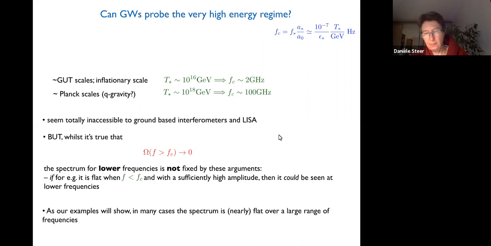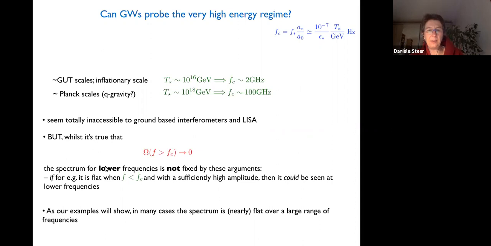Now that's actually a pessimistic conclusion, because in fact the previous arguments show that the spectrum of gravitational waves, just through causality, has to decay at frequencies above the characteristic frequency.